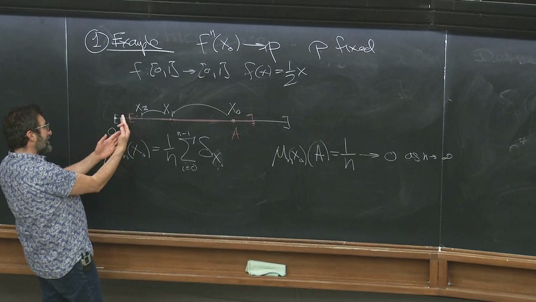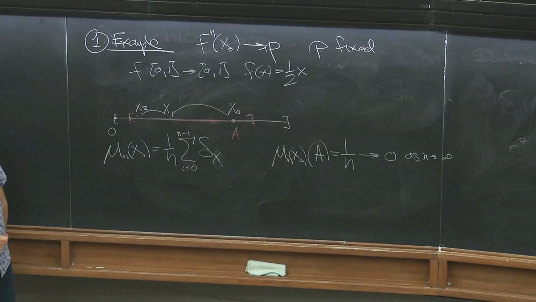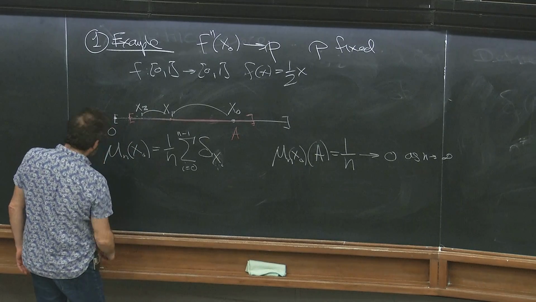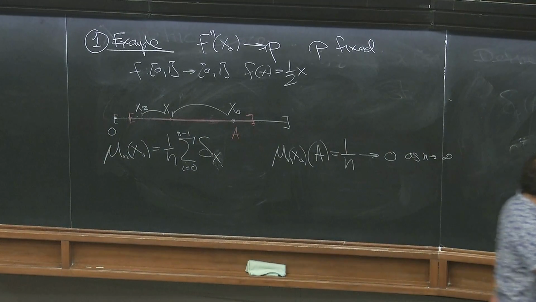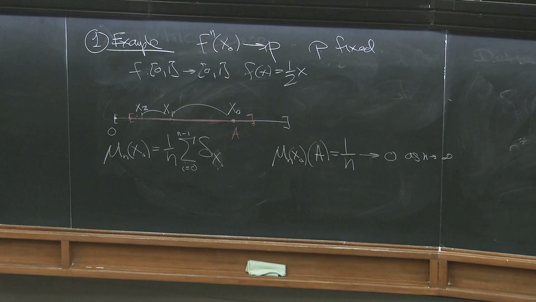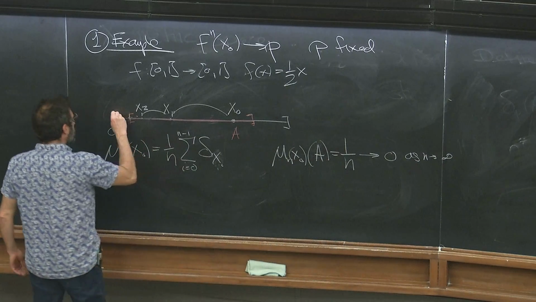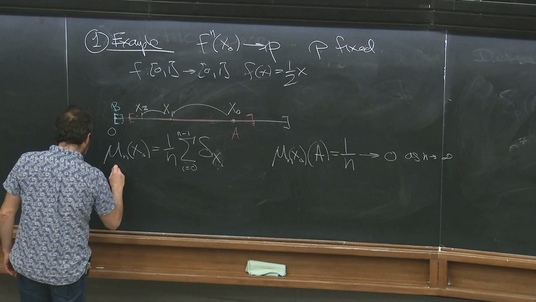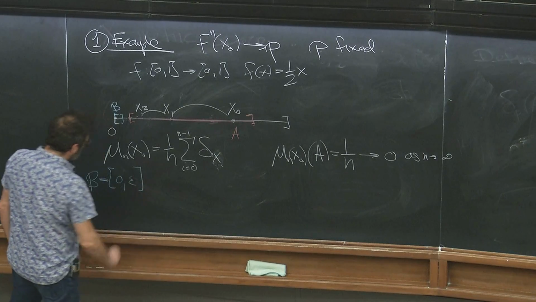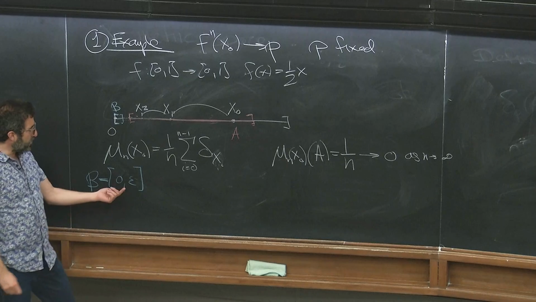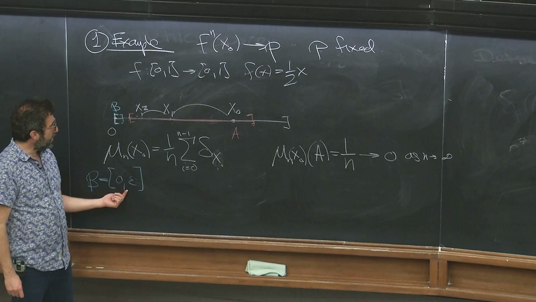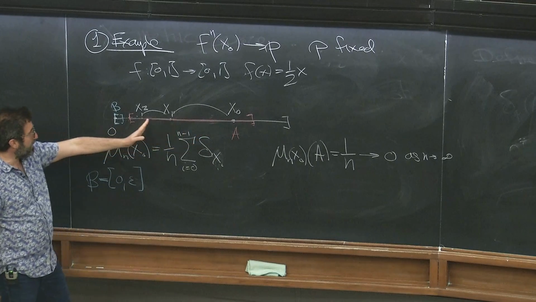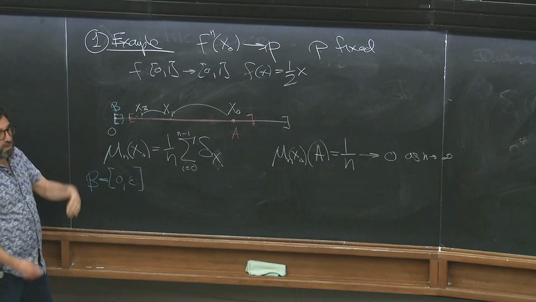So all the measure is being pushed closer and closer to 0. If you take a set B that contains 0, so let's suppose we take B equal to the interval [0, epsilon], for any epsilon, then when n is small, the measure of B will be 0, because until the orbit has entered B, this B will not see any measure.